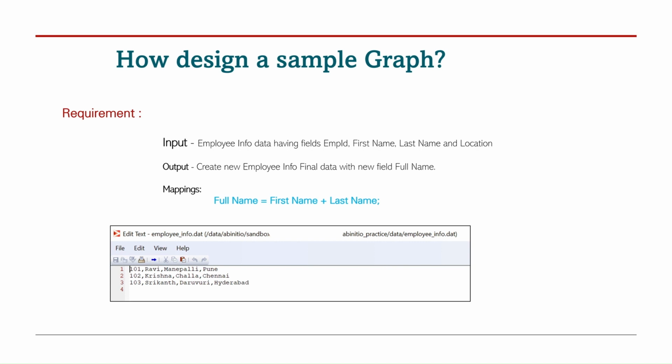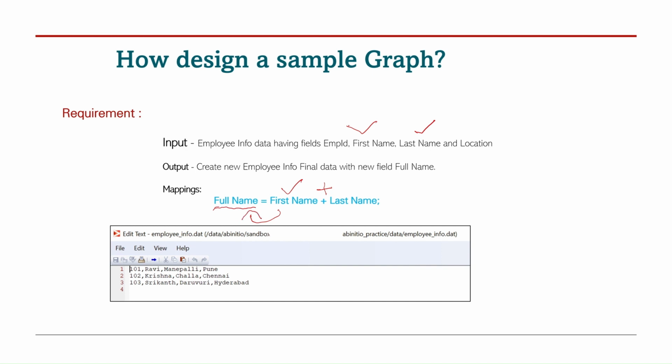They have given a mapping criteria for how we derive the new field full name: we need to use the first name and the last name, concatenate them, and populate the result into our new field called full name.